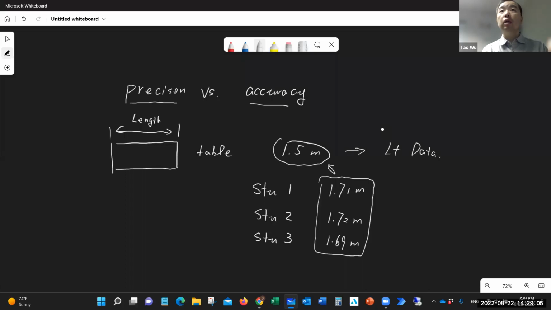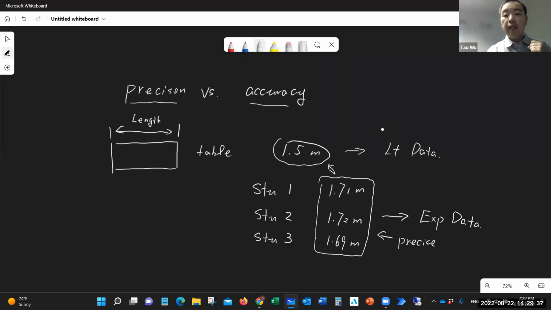So precision is talking about the experimental data, because this is what the students measured. If the experimental data is repeatable, just like this, we call this data precise.